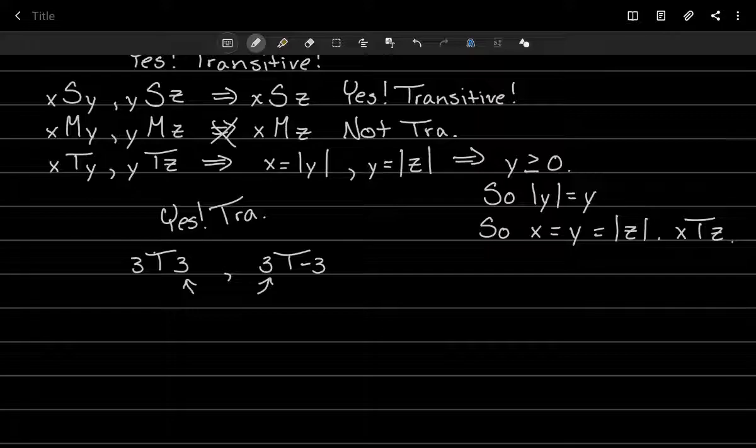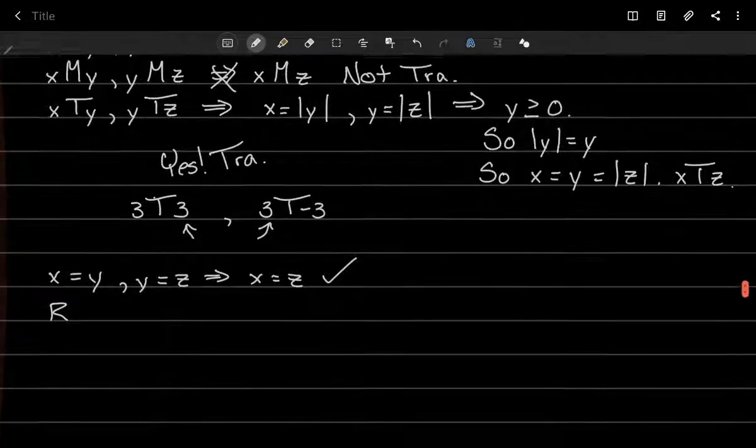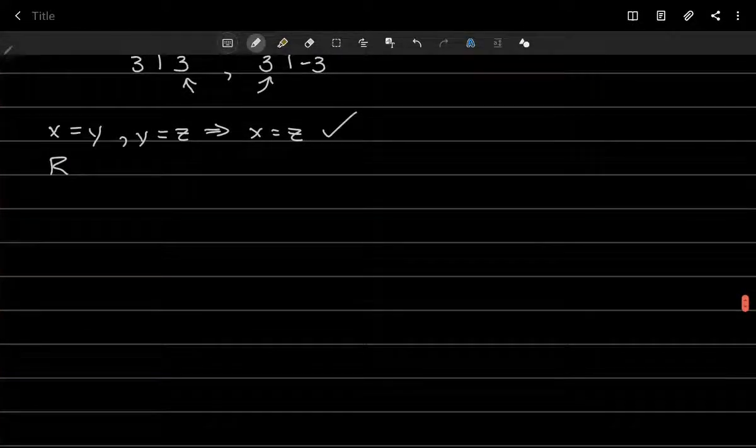Let's see, that leaves x equals y. Well, this one's kind of obvious. If x equals y and y equals z, then x equals z. Yes, that's transitive. Now let's look at our relation R where we just made up a bunch of random ordered pairs.